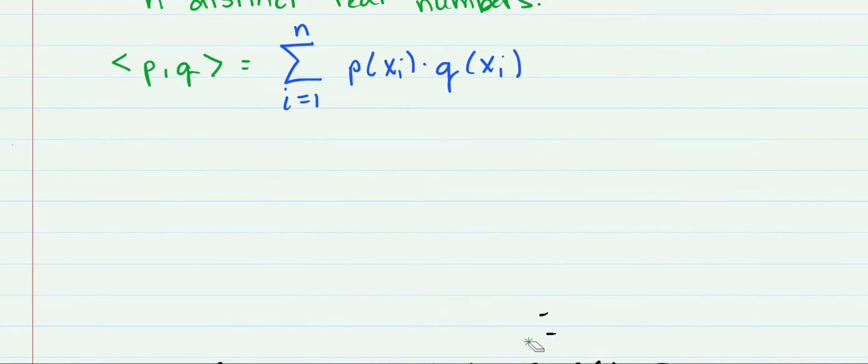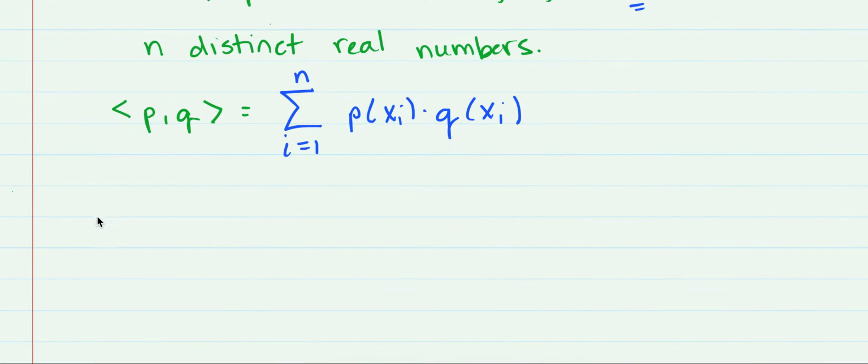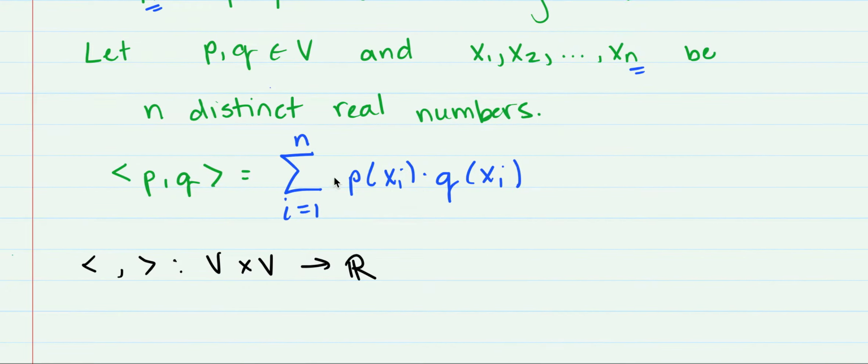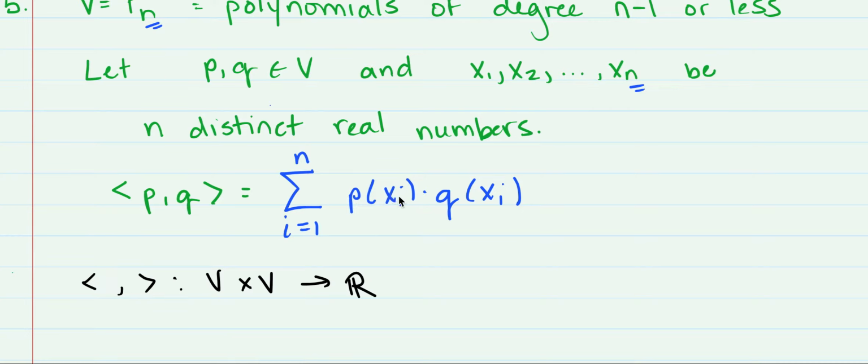So what are those three properties? Well, first off, we need to make sure we have a map that takes our vector space, picks a pair of vectors and sends it to the real numbers. Well, it does here because you're plugging in each xi, you're going to get a real number times a real number, and you're summing, you're going to get a real number. And this p and q are from our vector space.